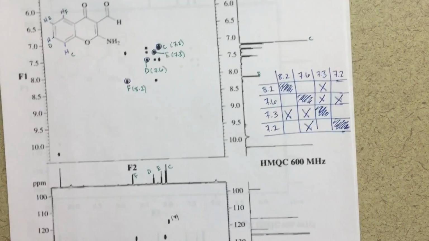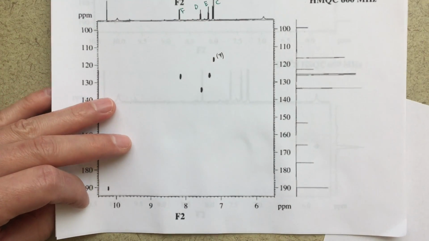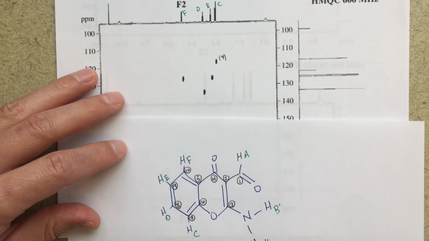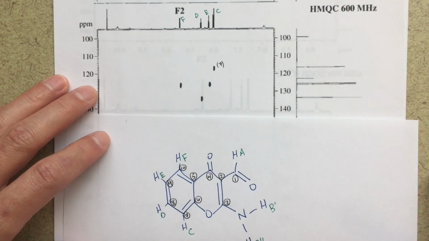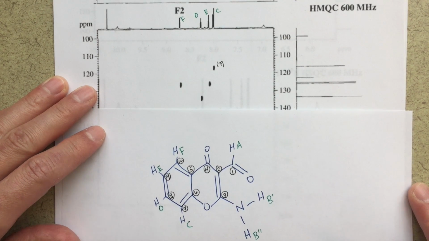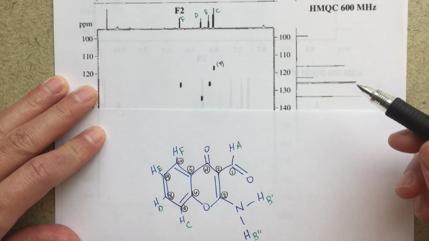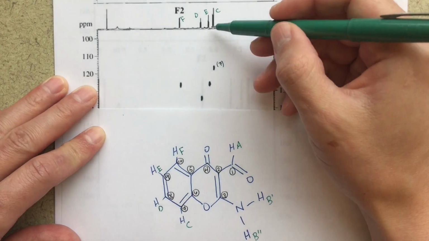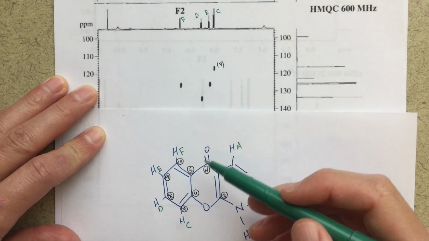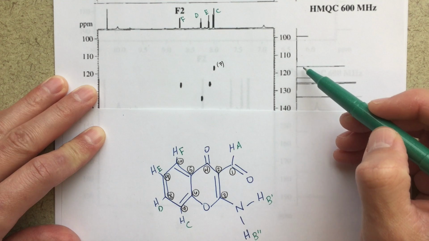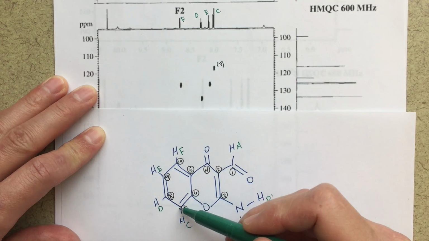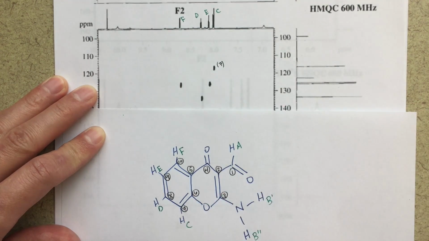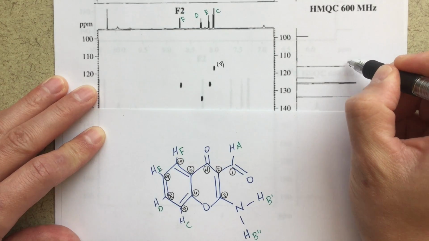So maybe we'll do it this way so you can see what's going on here. So if we've labeled this peak as C, that's my proton at C, and I've got this cross peak here with the carbon NMR at 117, then that's telling us that this signal for the carbon NMR is this carbon here. So we're going to label that one as 7.